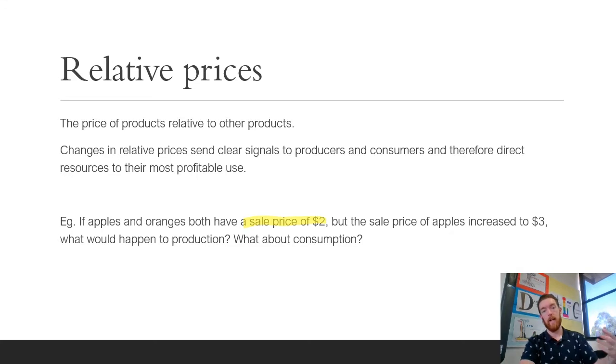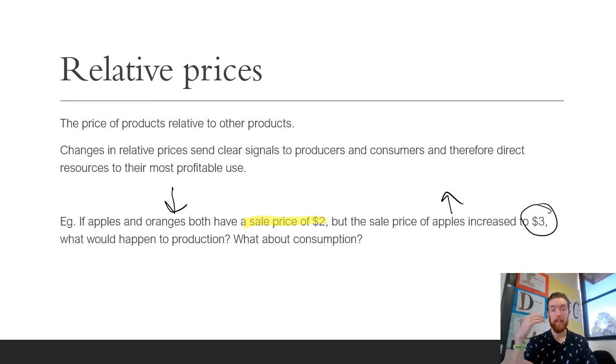Well, if the selling price of apples goes up to $3, what are people going to do? What's going to happen is that businesses are going to stop producing oranges as much and move their resources into producing apples. Why are they going to do that? Well, they're now getting $3 a kilo compared to the $2 they were getting previously.